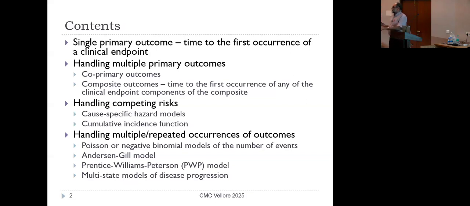The variable that you're going to use to judge whether the intervention works or not. When we're designing a clinical trial, the investigator will say, I want to test the efficacy of this intervention.